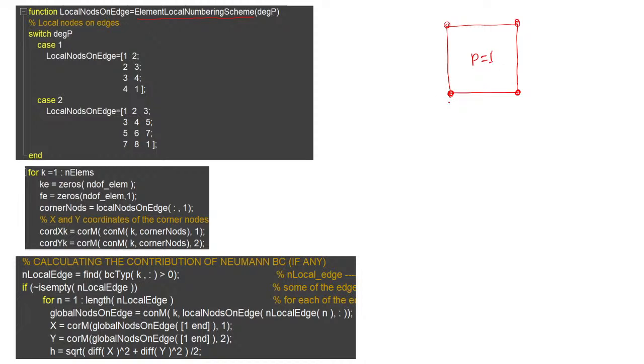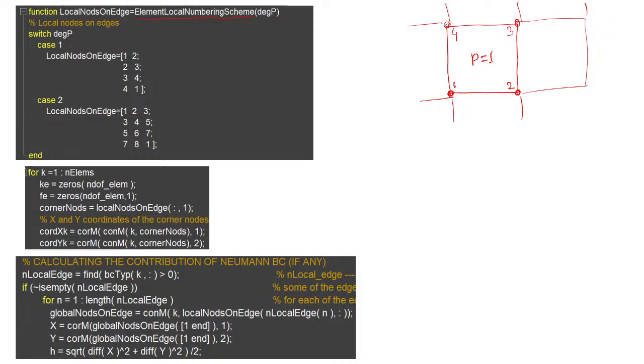So we have a mesh, and it is everywhere. In each element, if you remember, I have numbered the nodes. This we called local numbering. In this case I am just numbering them as 1, 2, 3 and 4.